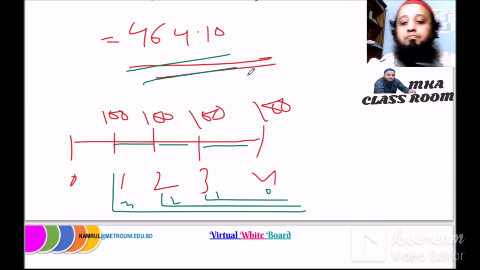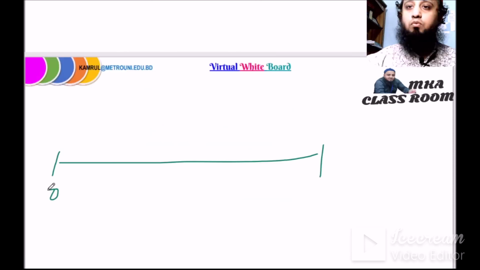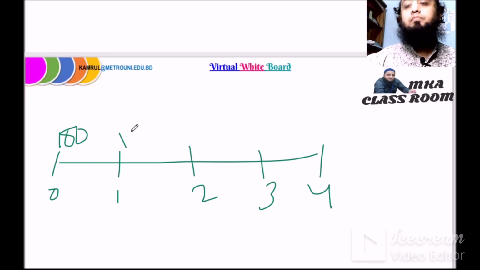So, that is the future value of an ordinary annuity. If it is an annuity due, 0, 1, 2, 3, 4, the payment starts from here, at time 0.